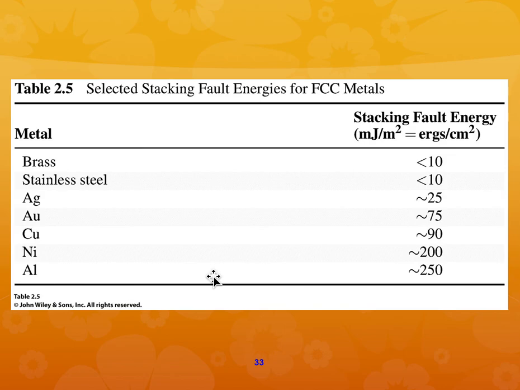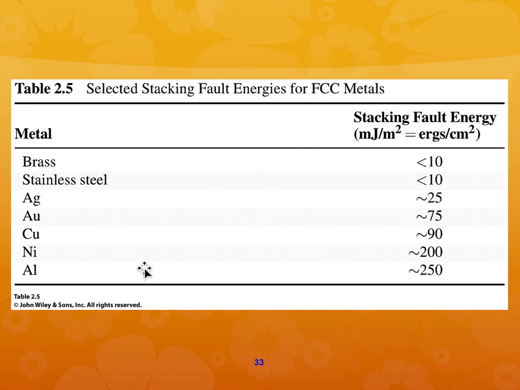Okay, so you can see this. Look at the stacking fault energy. What did I tell you? Stacking fault energy low, which means it is not easy for you to deform the material. Stacking fault energy high, which means that it is easy for you to deform the material.